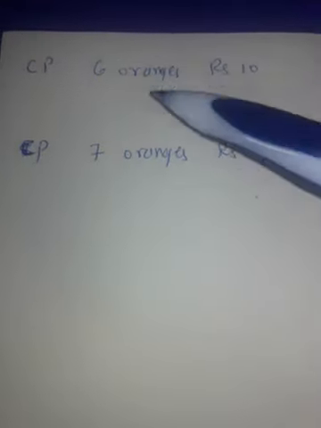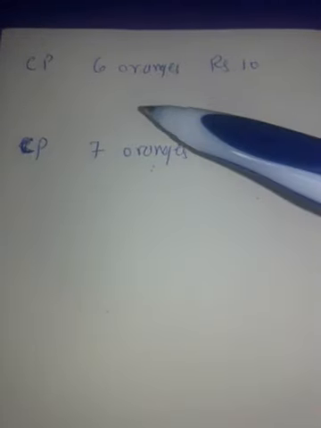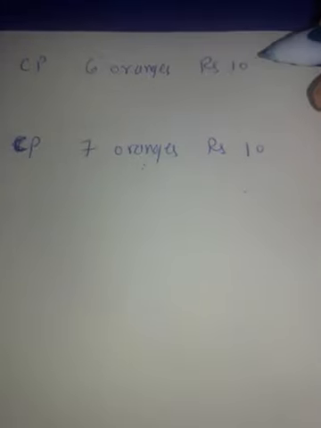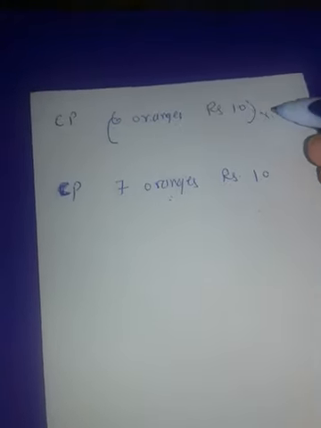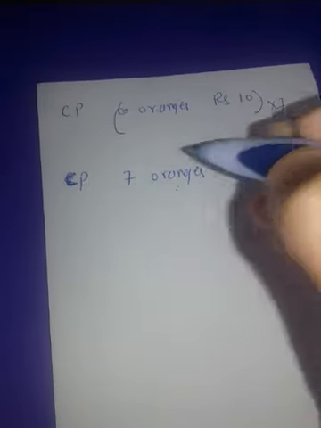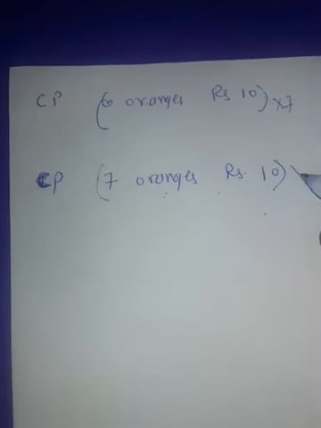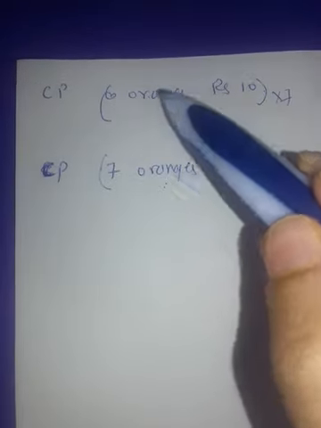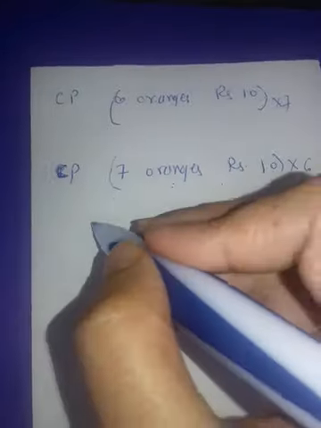6 and 7. If I want to equate them, I'll have to multiply this by 7 and this by 6. So what will happen here? 42 oranges for 70 rupees.